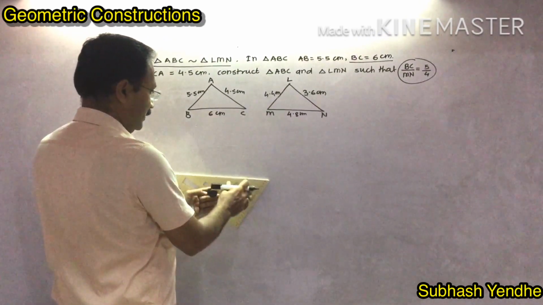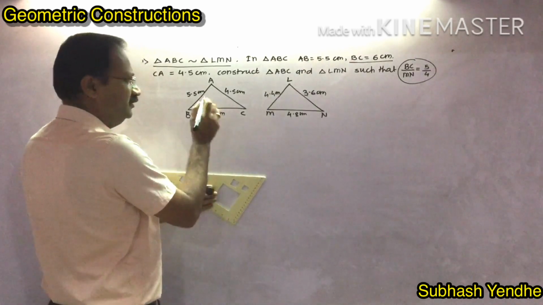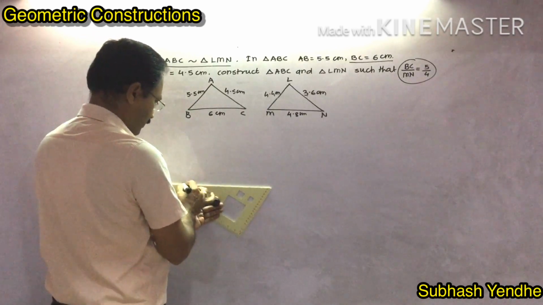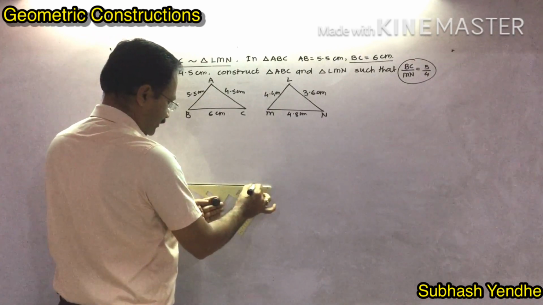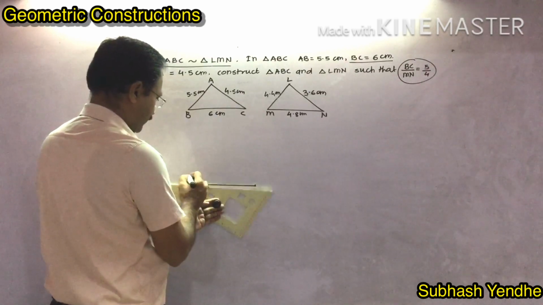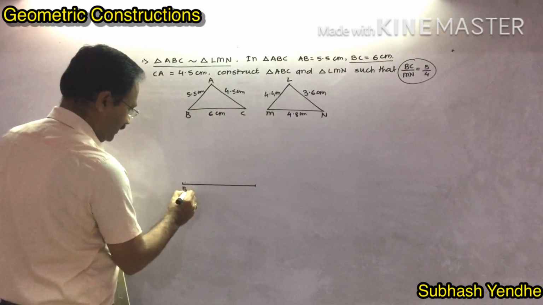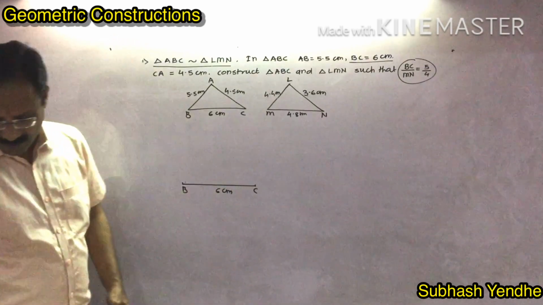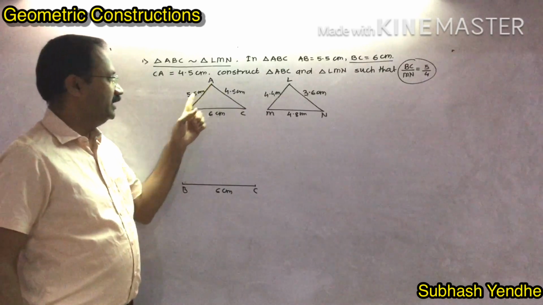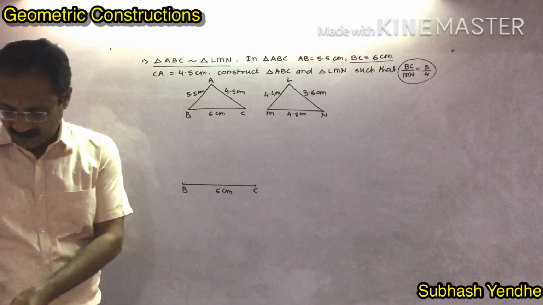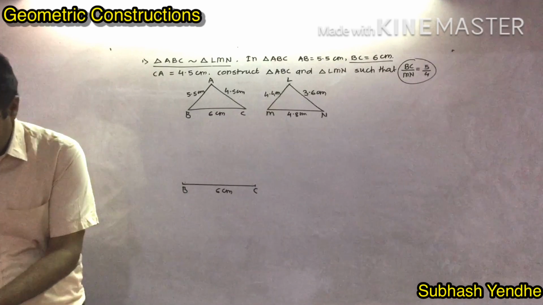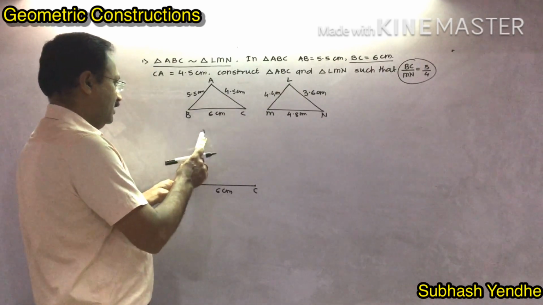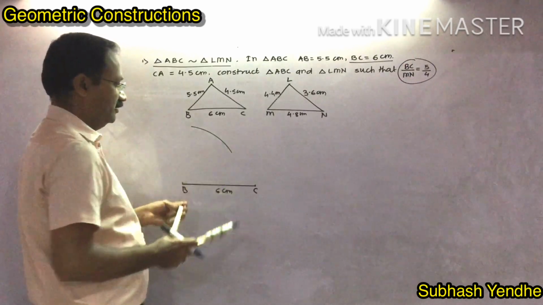First we have to draw triangle ABC. First we have to draw the base. Base is given 6 centimeter, so let's take 6 centimeter here. This is BC, which is 6 centimeter distance. Now what is given? AB is 5.5, so I am going to take the distance 5.5 centimeter and make an arc here.